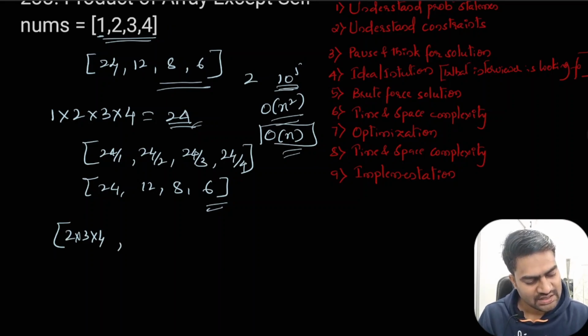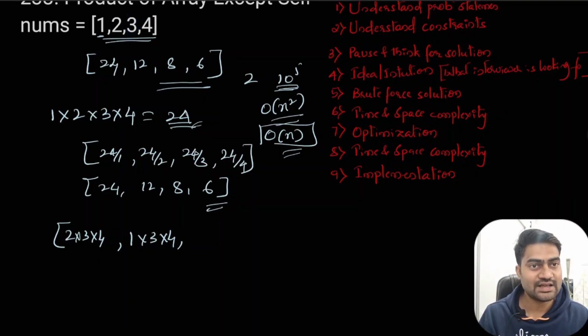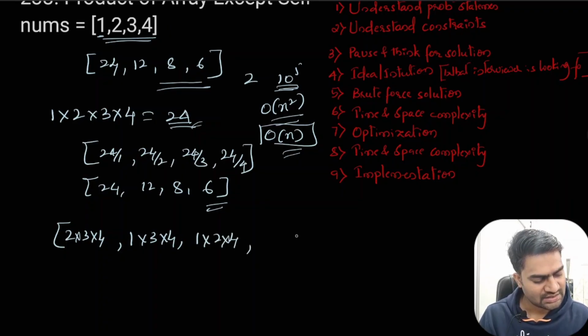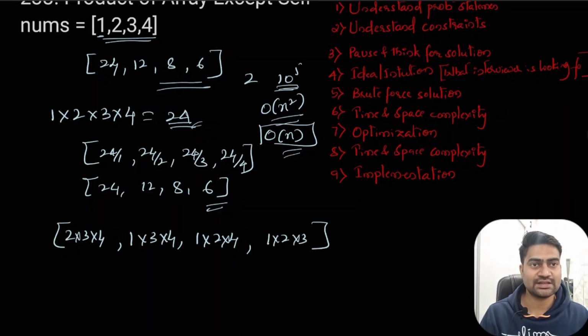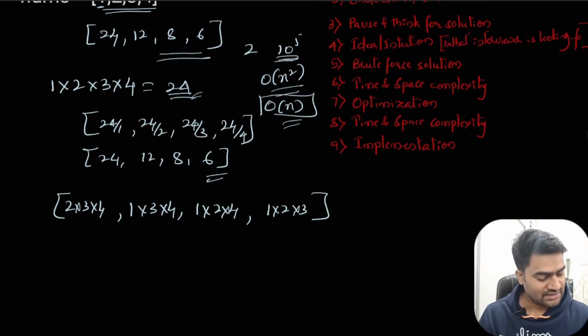Next, for the second number, I will leave this particular number and I will consider remaining numbers, that is 1 into 3 into 4. Okay. For the next number, I will leave that and consider remaining numbers. So it will be 1 into 2 into 4. Then for the last number, it will be 1 into 2 into 3.